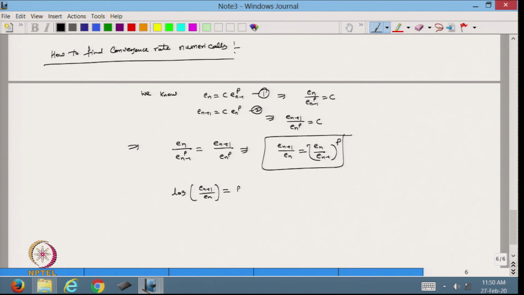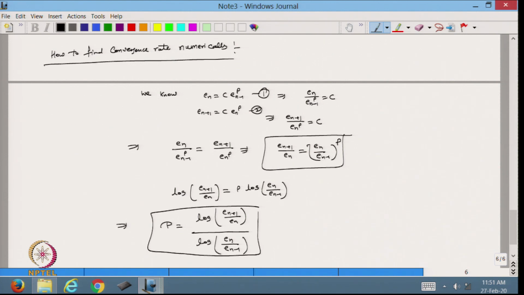So, based on this I can write p is equal to log of En plus 1 over En divided by log of En over En minus 1. So, that gives me the order of convergence.